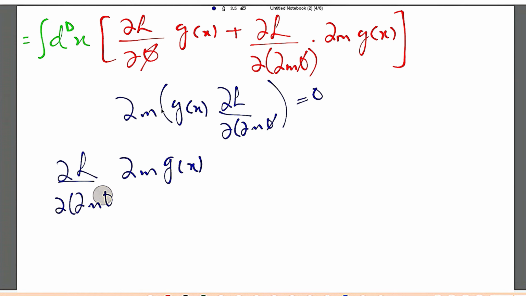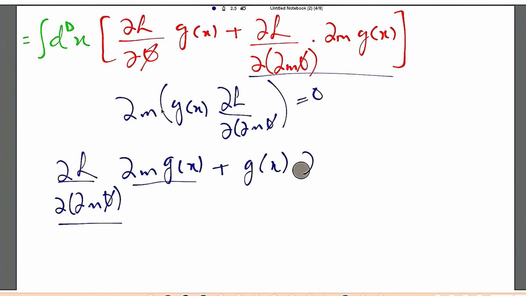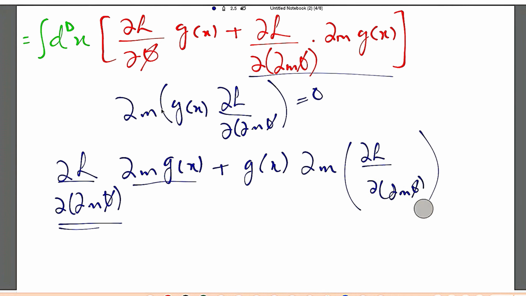I'm applying just the boundary condition and the product rule so that we can get an expression for this term and just replace it. So first this term as it is and the derivative of g of x. Now g of x as it is and the derivative, which is partial m of this thing, which is partial L by partial m phi, and that whole thing is equal to 0.